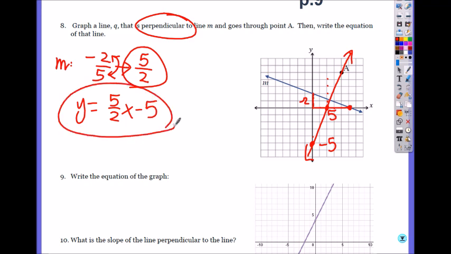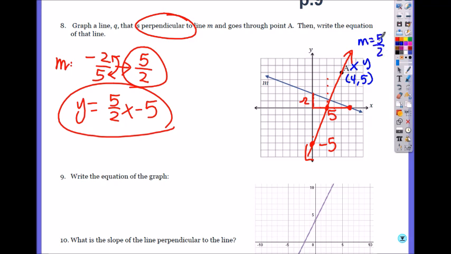But would your y-intercept always be a whole number and easy to tell like this? No. Then what do you need to do? This one you didn't have to, but if I show you what you need to do to calculate the B, you have to use your point on the line, which is 4, 5, which can be plugged into your x and y. And we have the slope 5/2, right?